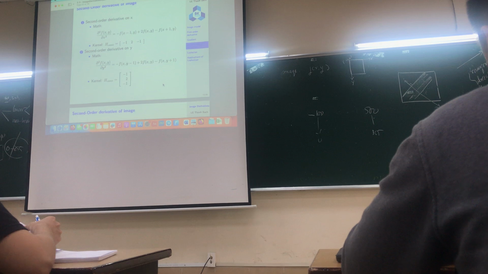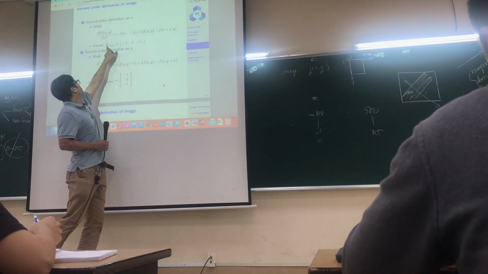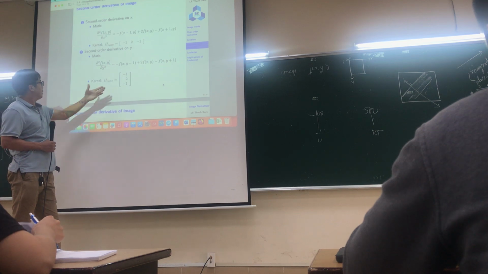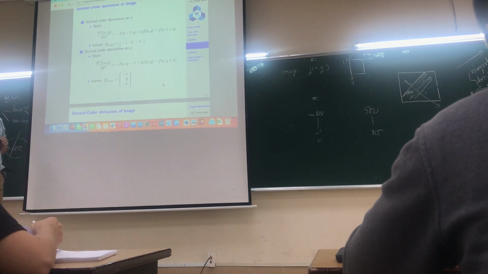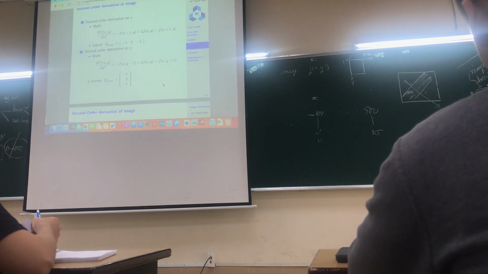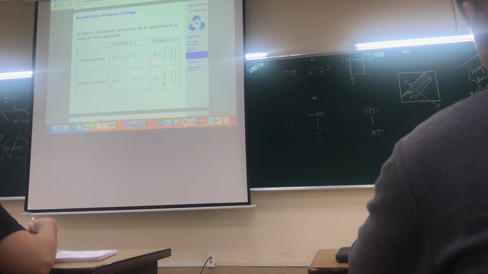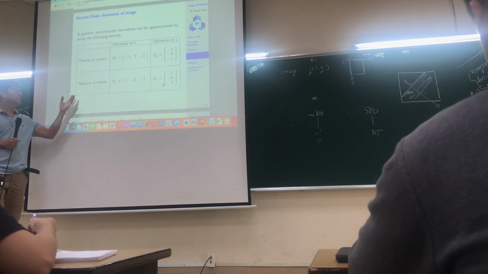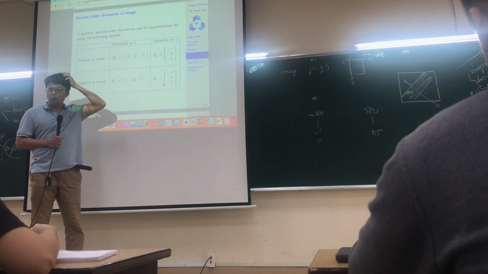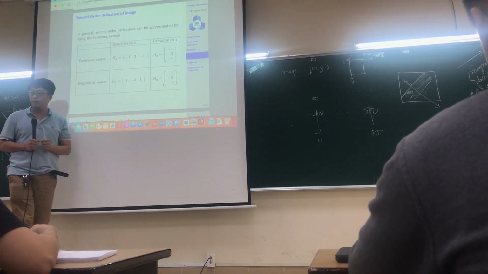Here is the convolution, and these are the kernels. So now here, the second order, in Vietnamese we call đạo hàm bậc hai, right? You can compute it by convolution with the kernel given here, okay?